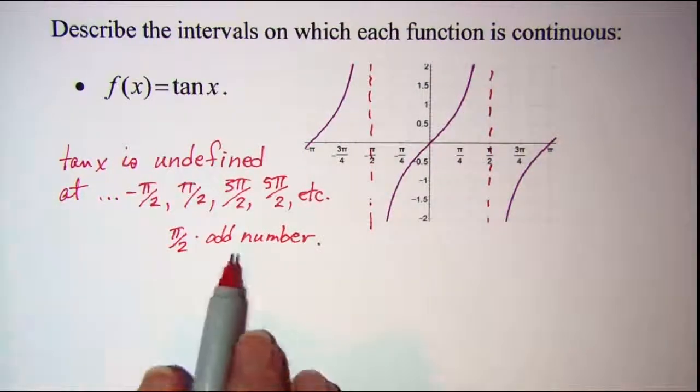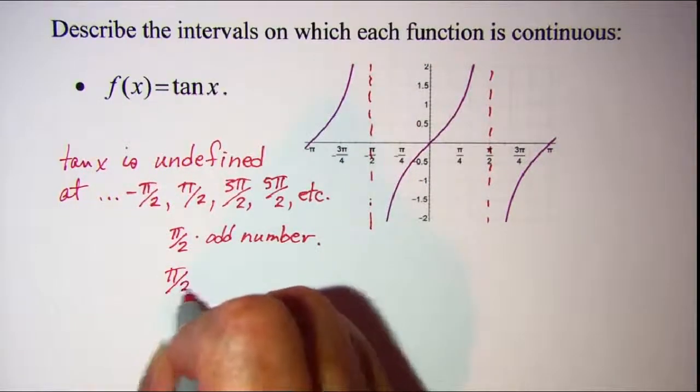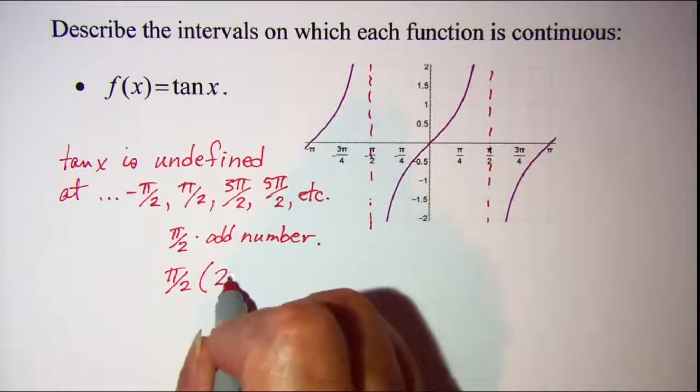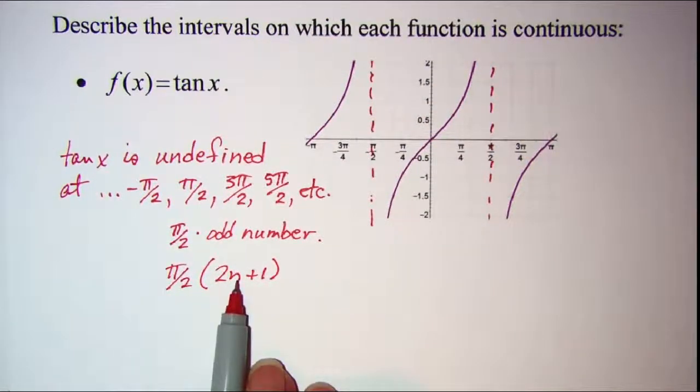And we can guarantee an odd number algebraically by stating 2n plus 1, because 2n is an even number, and when you add 1 to an even number, you get an odd number.